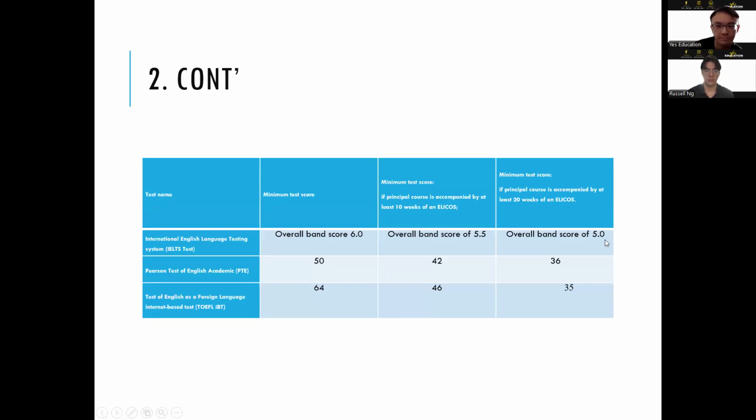It used to be 4.5, now it's 5.0. But it has to come with at least 20 weeks of English course packaged with the primary course. And if you get 5.5, then you better have at least 10 weeks of English course packaged, unless it is a foundation course.